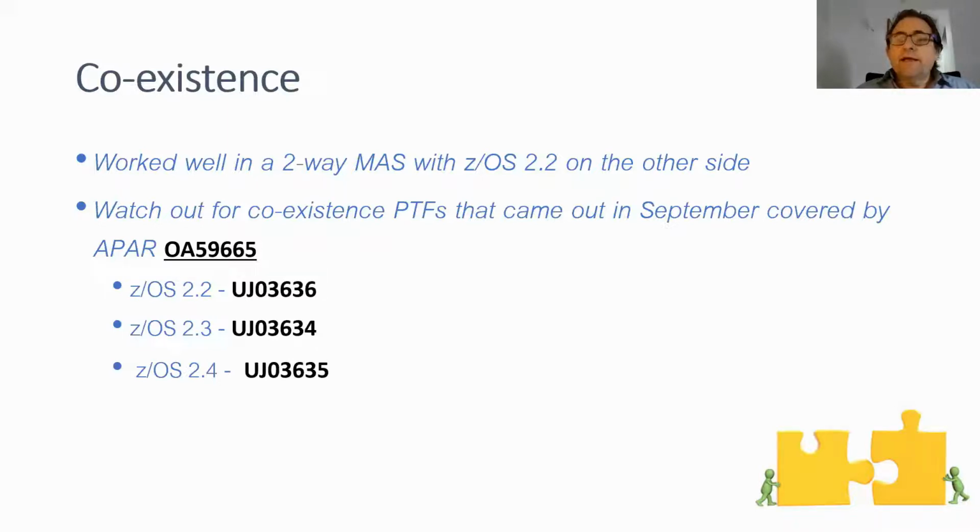So this came out really late. So if you were doing your coexistence work, if you're going from 2.2 to 2.4, I'm going to guess you did your coexistence work several months ago and you never had this PTF in place. And there is a PTF for any multi-access spool members using just two policies, and it doesn't matter which level of z/OS you are on. And the way that I stumbled across this PTF, I'll talk about that in a minute.